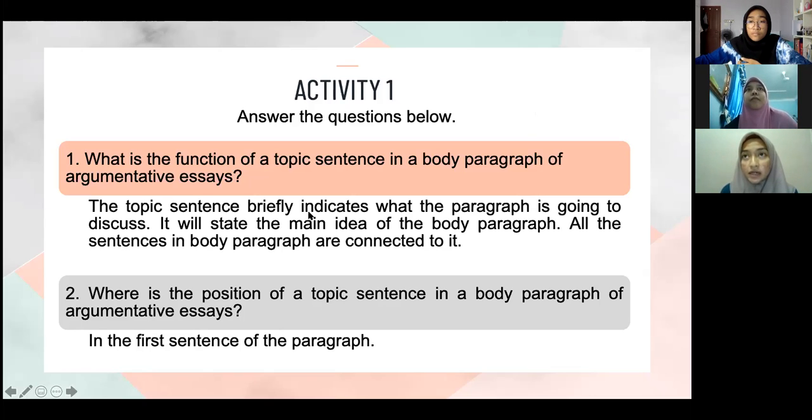If the topic sentence is at the end, it is usually when the paragraph begins with some examples or facts, so the topic sentence concludes the examples or facts given at the beginning of the paragraph.